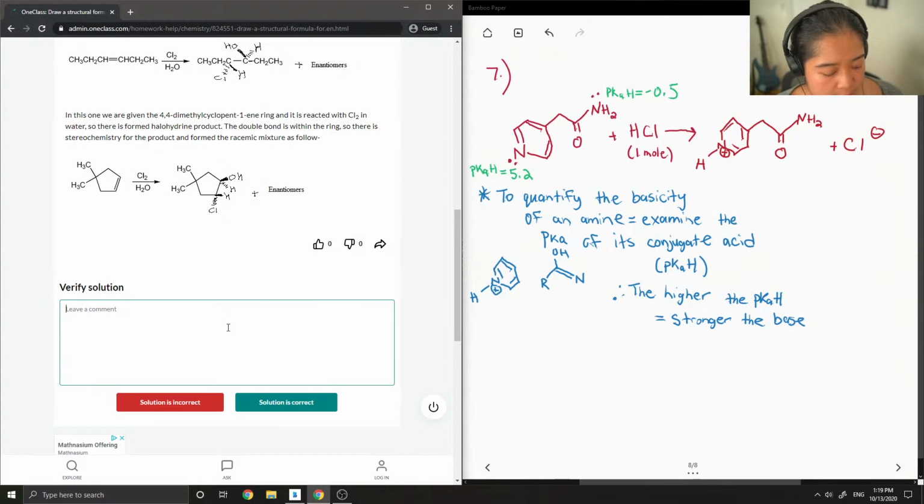I'm just going to write down: the nitrogen in the ring will deprotonate HCl since it is a stronger base.